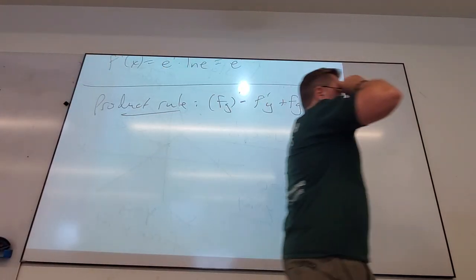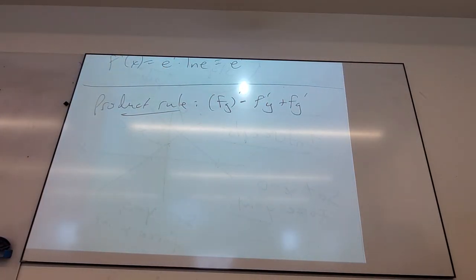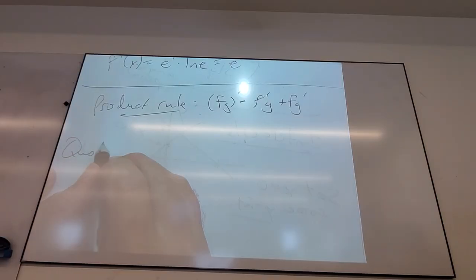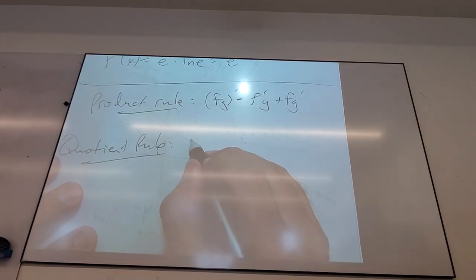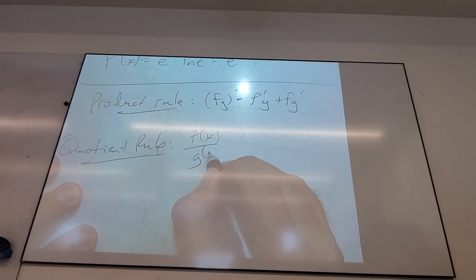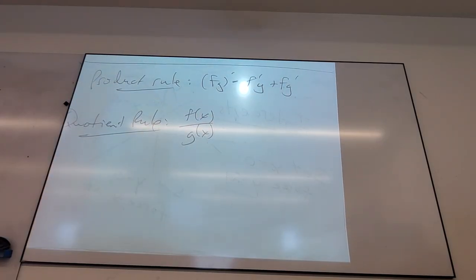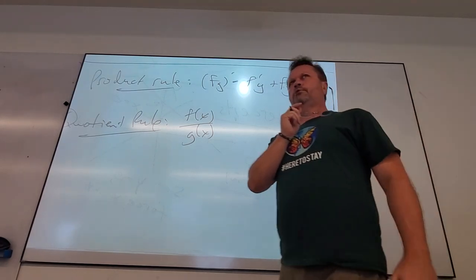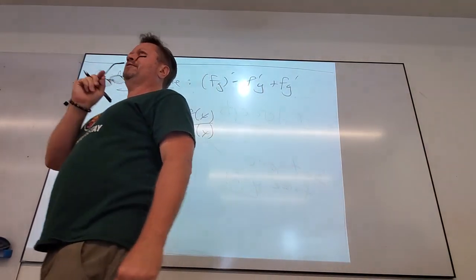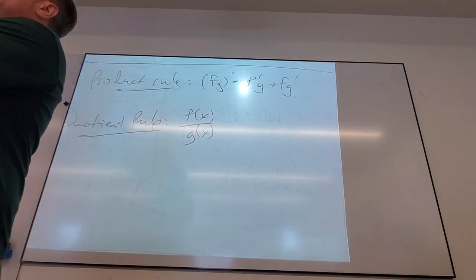Let's talk about quotient rule. I have a different way to do quotient rule, but it only works if we already know chain rule, which kind of sucks.